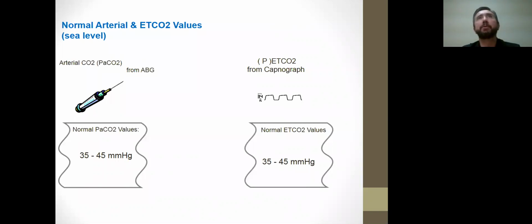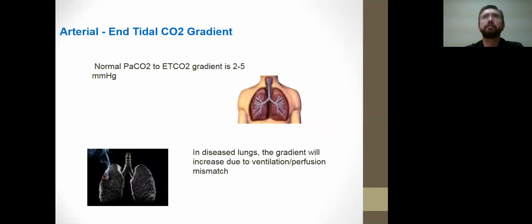The end-tidal CO2, sometimes referred to as PETCO2, is the maximum partial pressure of CO2 at the end of the breath, what we all know and love. If ventilation and perfusion are stable, the two variables will correlate with one another. They should match within a few millimeters of mercury.